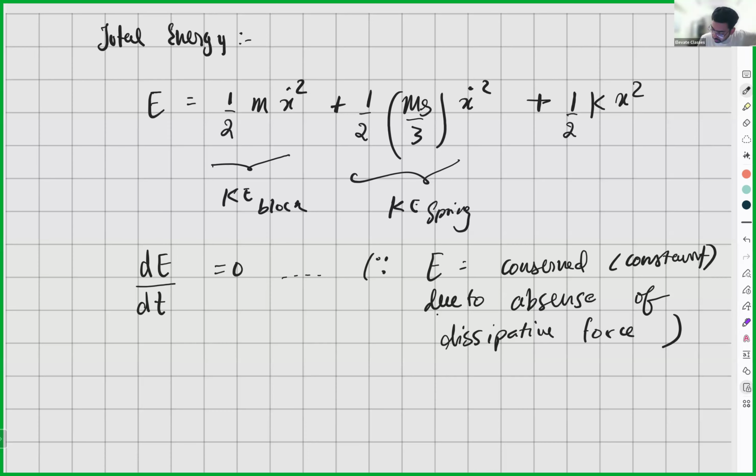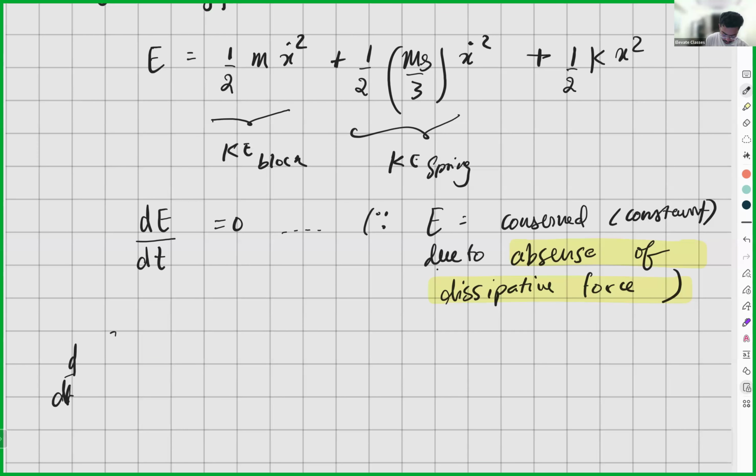Now, we are assuming again over here that there is no dissipative force, there is no friction, there is no air resistance, there is nothing. So absence of dissipative force. So you can say that the time change of the total energy is 0.